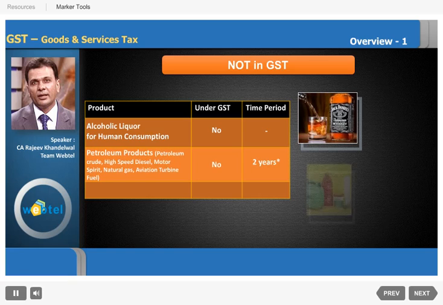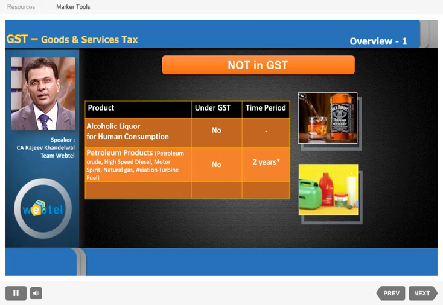Similarly, petroleum products, again, a lot of revenue comes from them for the states, and so they did not want this. But maybe after some time, let's say 2 years or whatever the time, they later decide, it will come back into GST. But even as of now, some of the big industrial consumers are requesting the government or the GST council to consider that petroleum products should also be brought under GST. What is the reason?